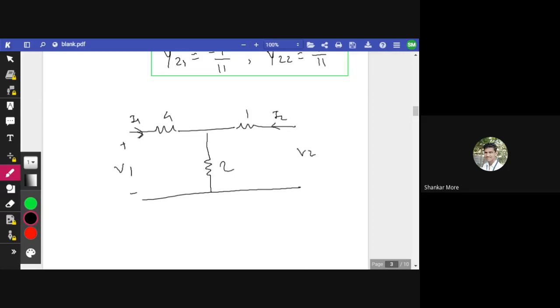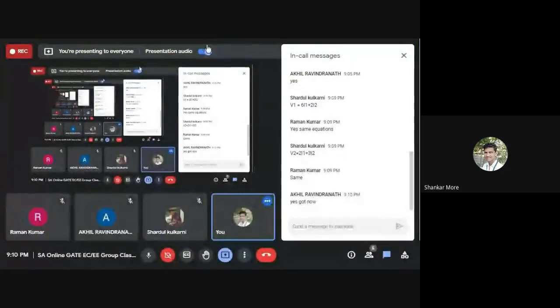Okay, fine. So, first equation is V1 is equals to 6I1 plus 2I2, and second equation is V2 is equals to 2I1 plus 3I2. I will write them.